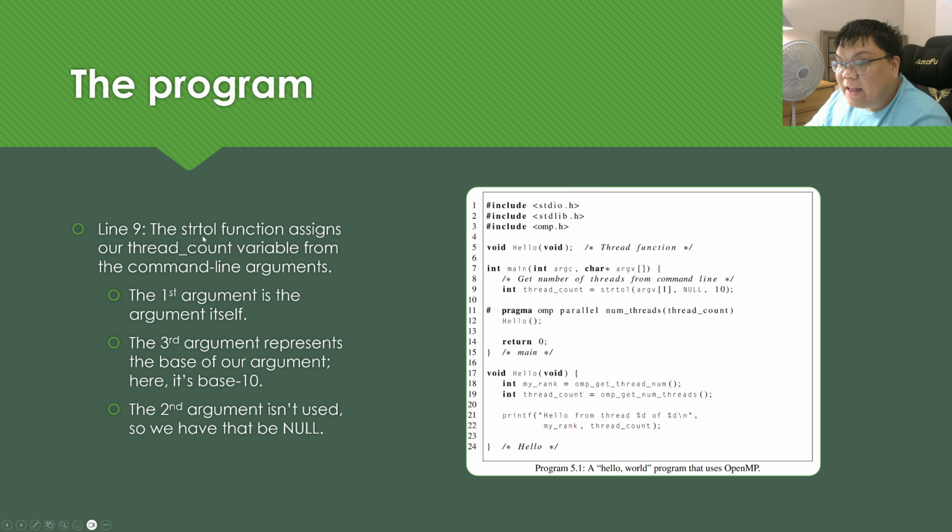Line 9 is that strtol function again. That's just going to convert one of our command line arguments into a thread count. So the first argument is the argument itself. The second argument, just set that to null. And the third argument specifies that we're going to pass in 10 because it's base 10.